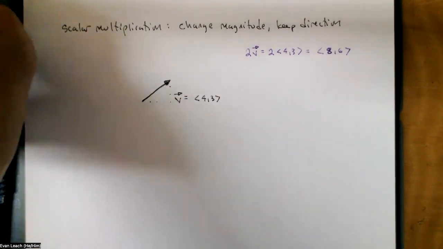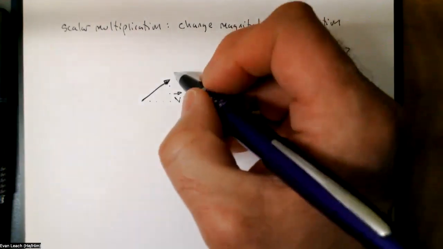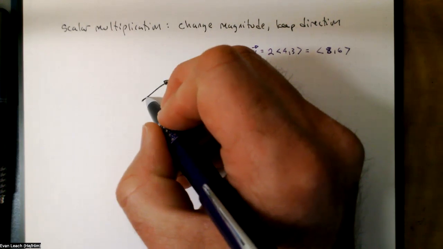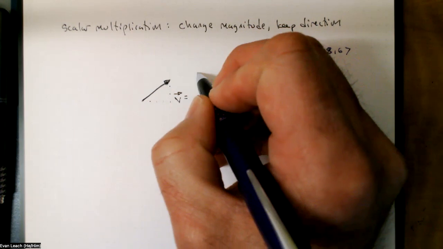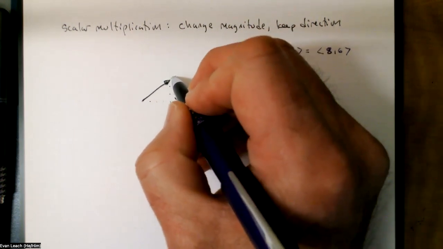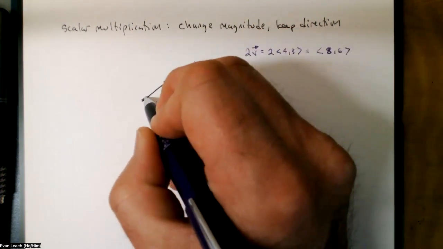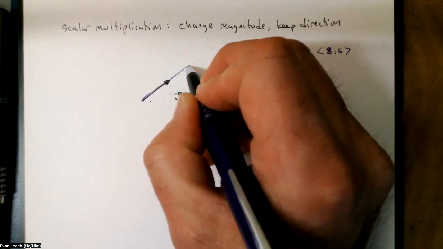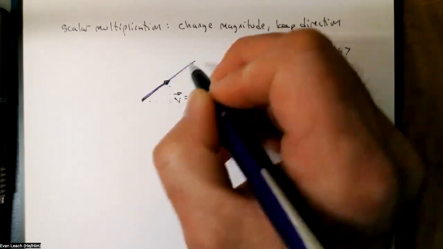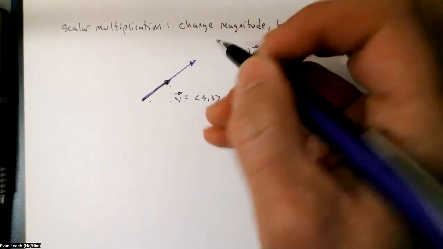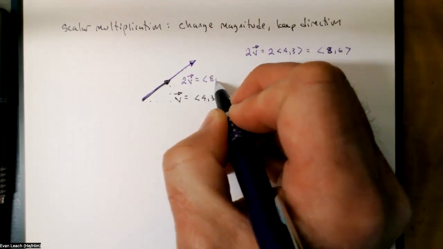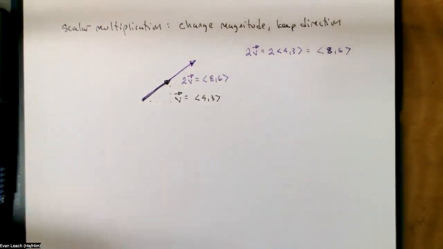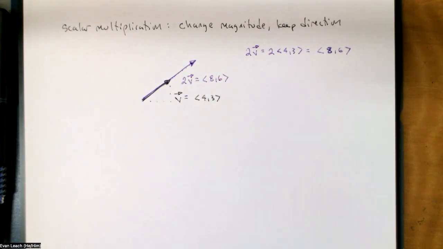This is our favorite thing in math, when what we would have guessed is what actually happened. So 2v is just going to be 8, 6. Note that we have made the vector longer, but we have not changed the direction of the vector.